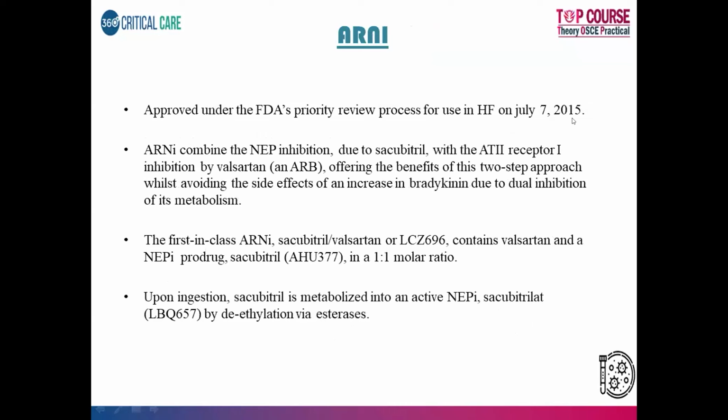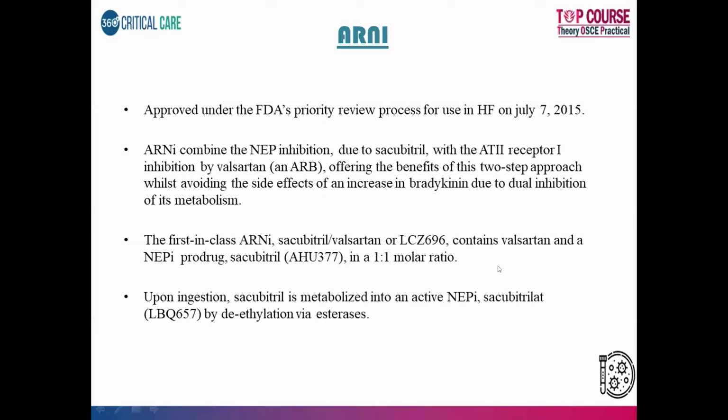in 2015. So basically, as we know, ARNI combines two things. One is the natriuretic peptide inhibition due to sacubitril, and second is the angiotensin 2 receptor 1 inhibition by the valsartan, which offers the benefits of the two-step approach whilst avoiding the side effects of an increase in bradykinin due to dual inhibition of its metabolism.